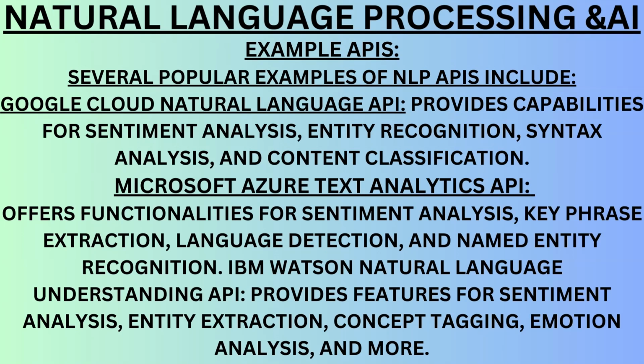Microsoft Azure Text Analytics API offers functionalities for sentiment analysis, key phrase extraction, language detection, and named entity recognition. IBM Watson Natural Language Understanding API provides features for sentiment analysis, entity extraction, concept tagging, emotion analysis, and more.